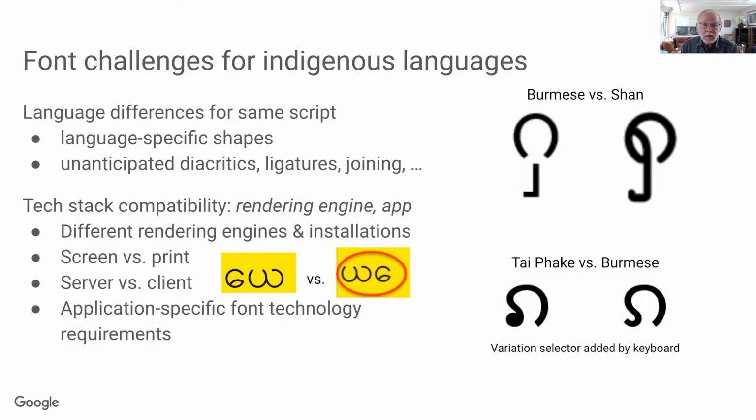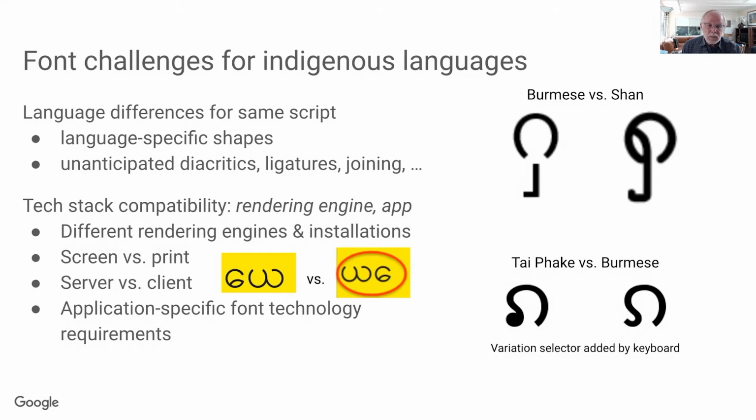There's also a technical stack compatibility that is critical for correct font display. Rendering engines and applications also impact the final display, and there are different rendering engines and different installations among devices. So the revision of the whole system is critical to getting the right displays.